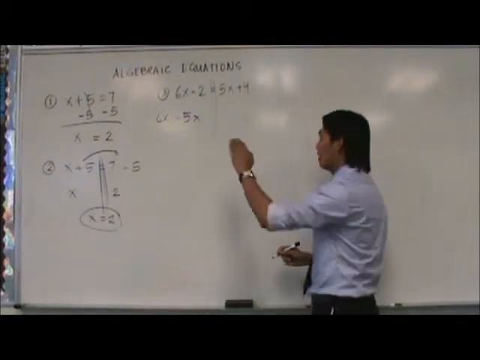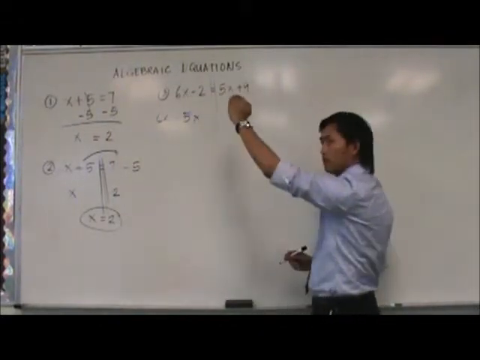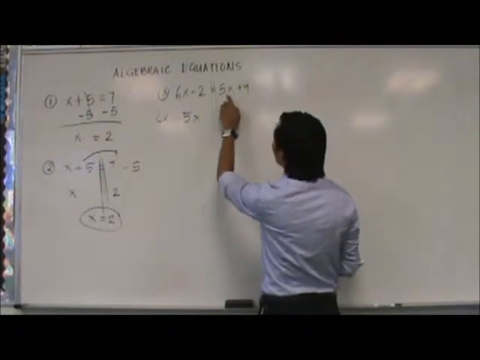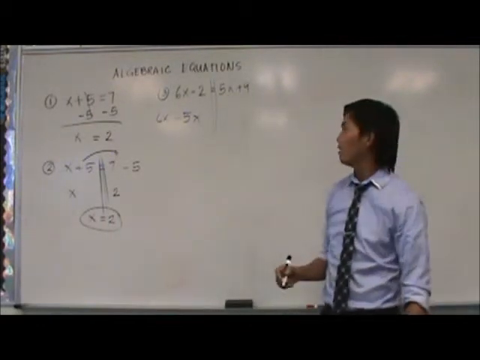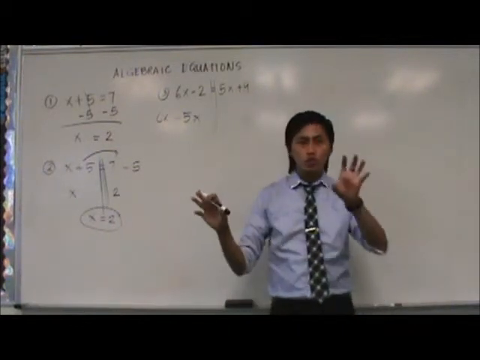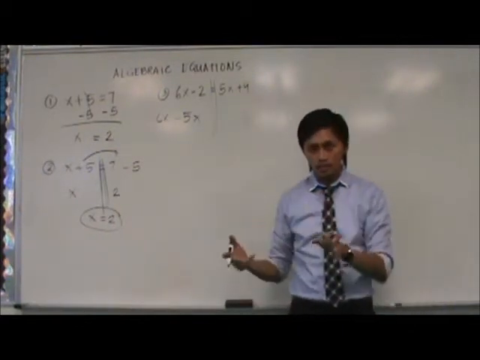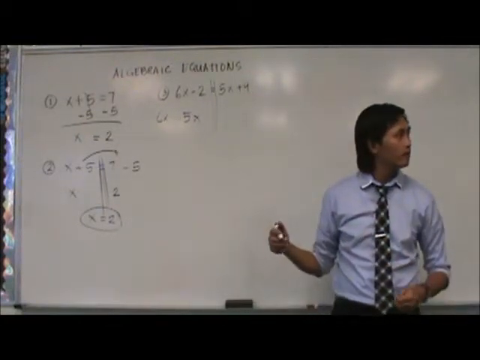Remember again, every time you move a term over the equal sign, we have to change the sign. Right now we got positive 5x, we move it over to the left, it becomes negative 5x. And now we want the constants, the terms without variables, to be on the right side of the equation.